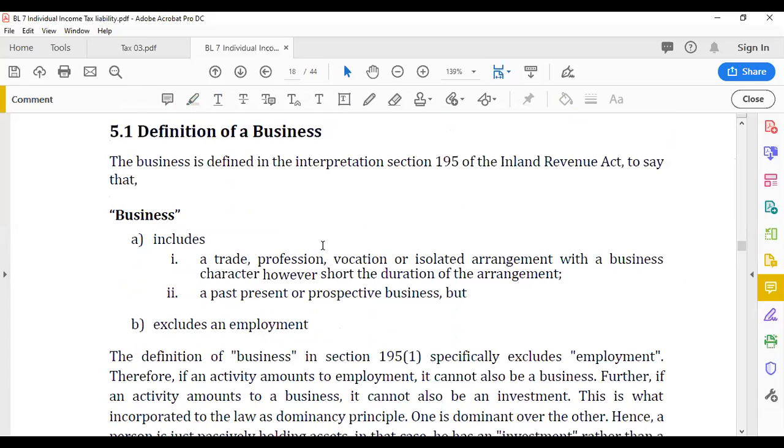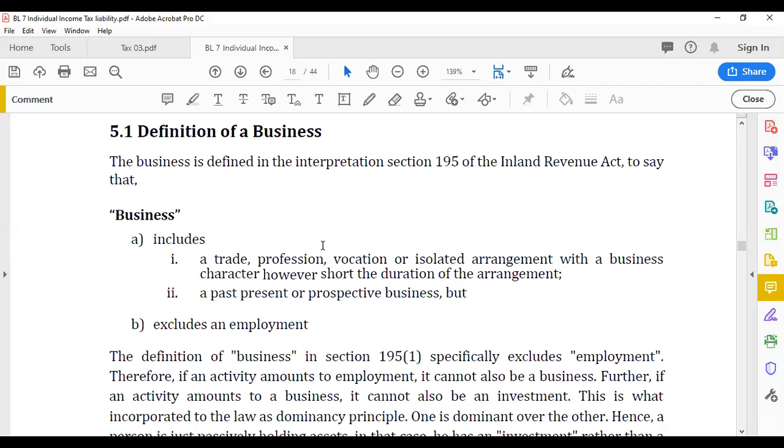Let us discuss the definition of a business. The business is defined in the interpretation section 195 of the Inland Revenue Act. There are many sections, and section 195 defines what we mean by business.